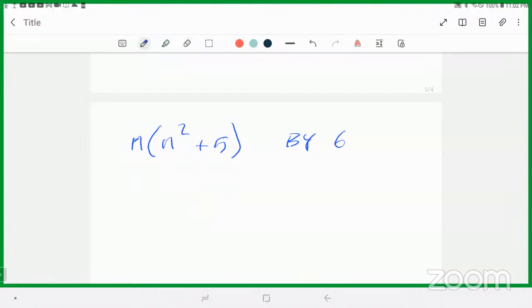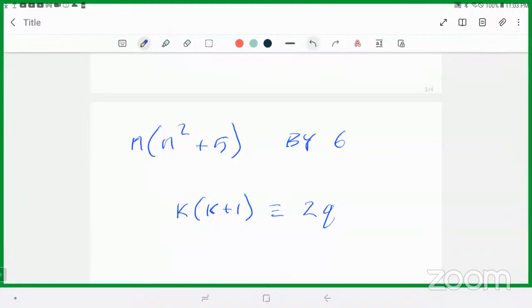You have to use the fact that k times (k plus 1) is equivalent to 2 times something. The product of two consecutive numbers is always even. You know that, right? This is something everybody should know.